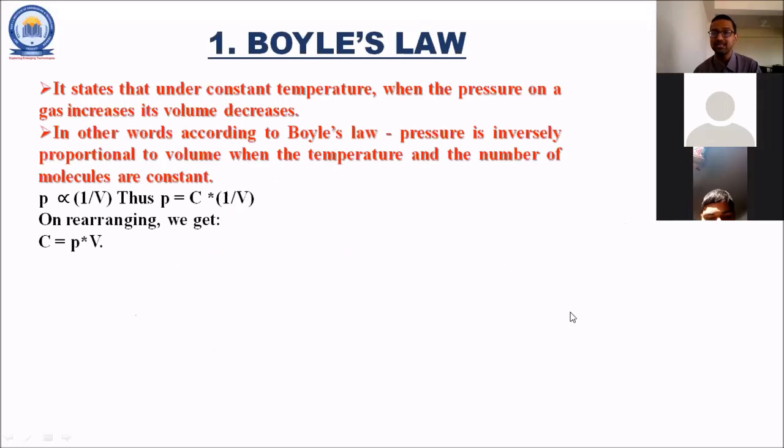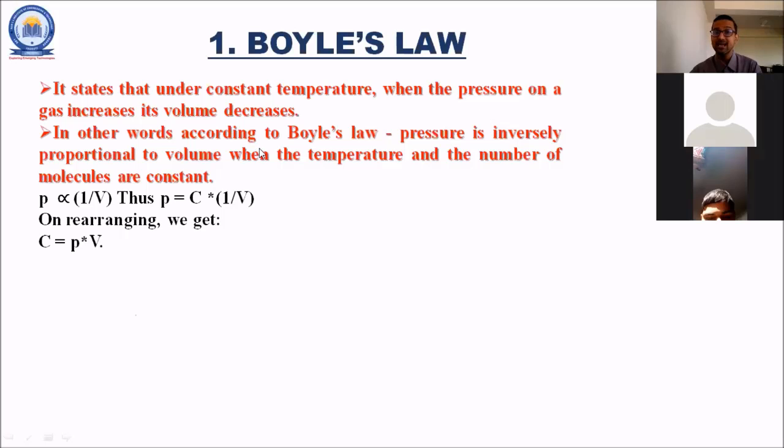So the first one, that is the simplest one, that is the Boyle's law. Dear friends, if you want, you can note down these equations also, because in other derivations we'll be using all these concepts, all these equations. So Boyle's law states that at constant temperature, when the pressure on the gas increases, its volume decreases.